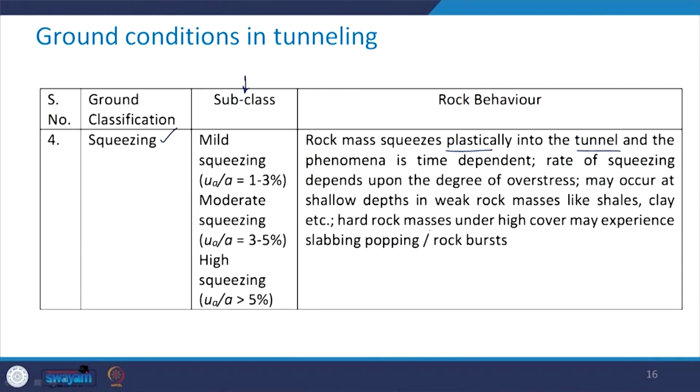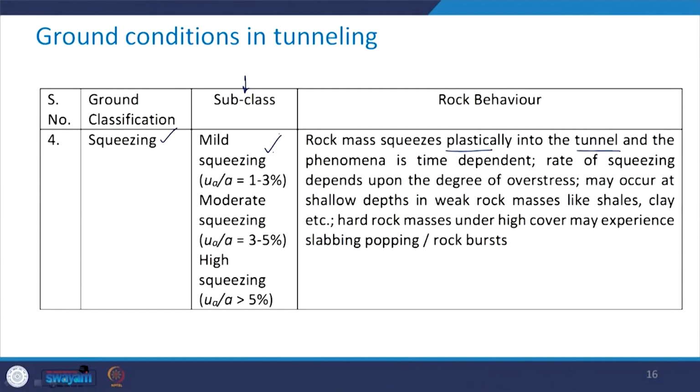So, based upon the way it is getting squeezed, or the amount of radial closure the rock mass is experiencing, this category is divided into a number of subclasses. For example, you have mild squeezing.